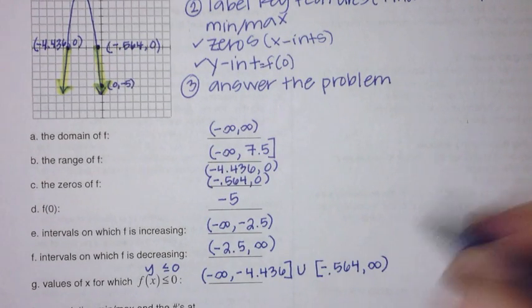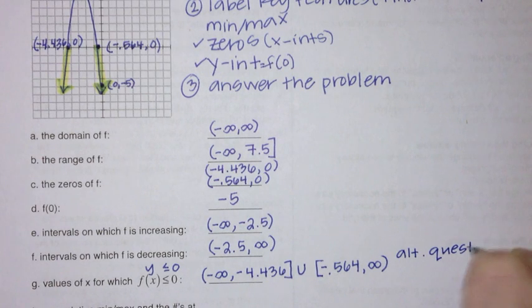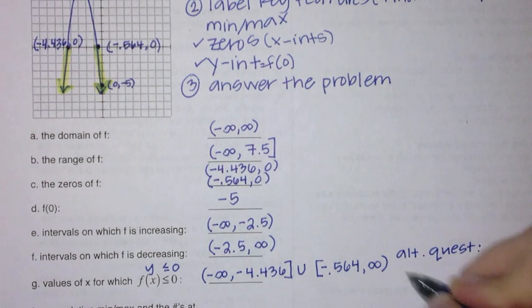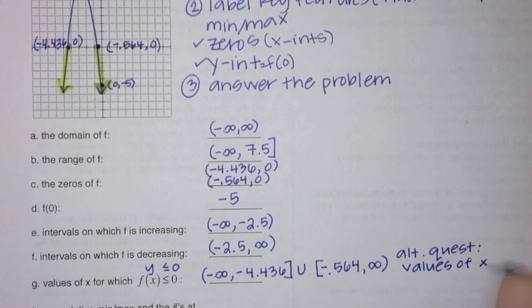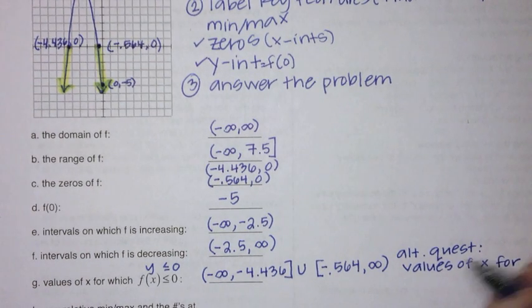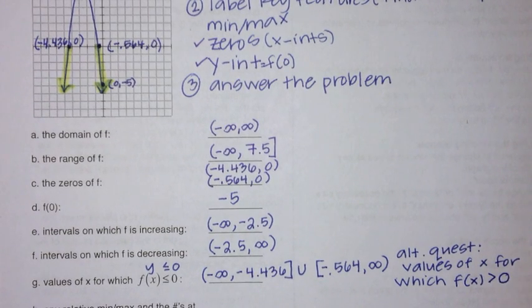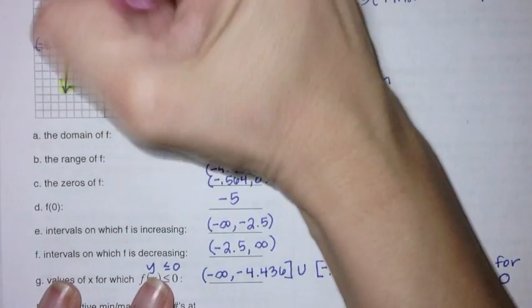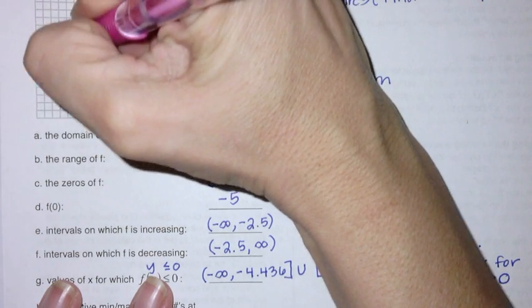So if I say alternate question, it might say the values of x for which f of x is just greater than 0. So if it just said greater than 0, it would be from here to here, but it doesn't say equal to.